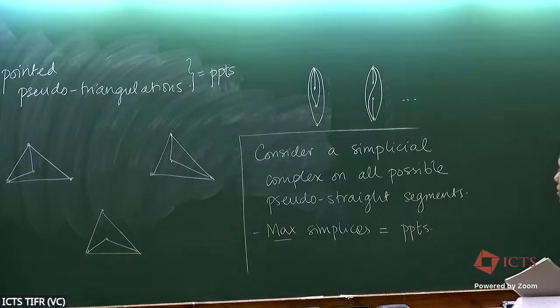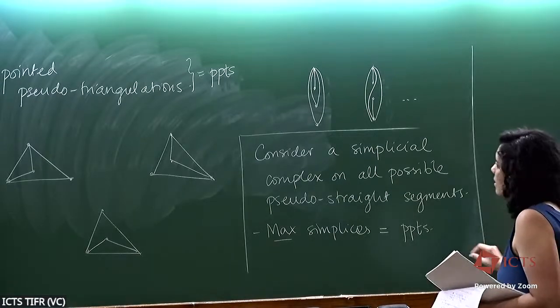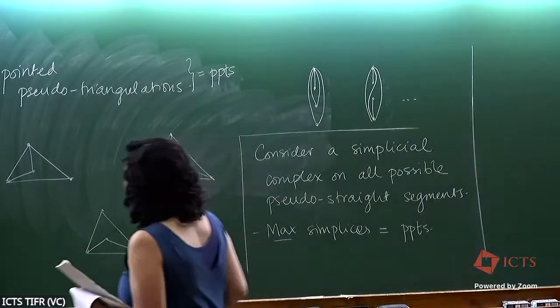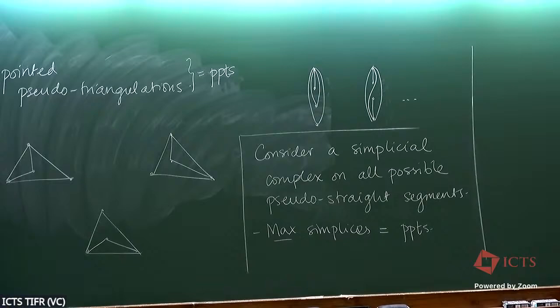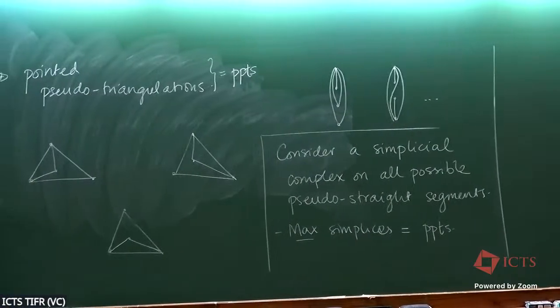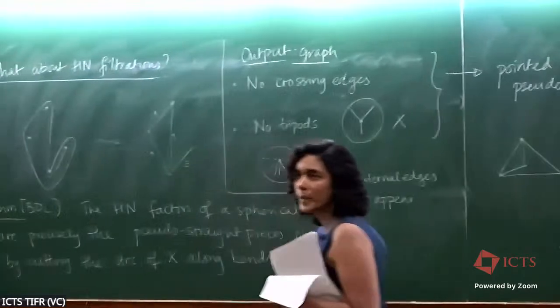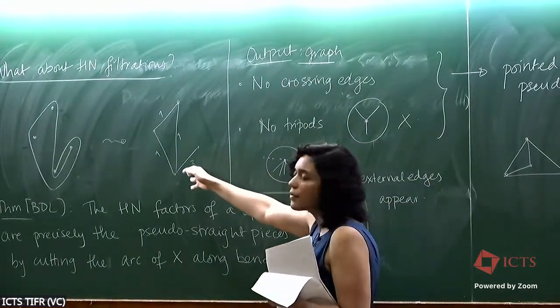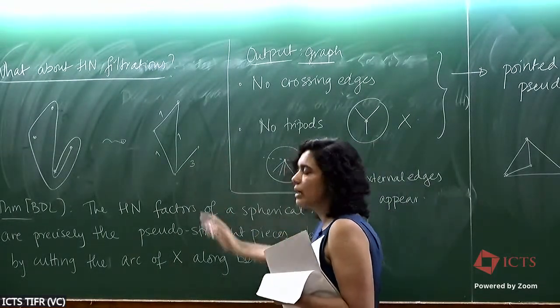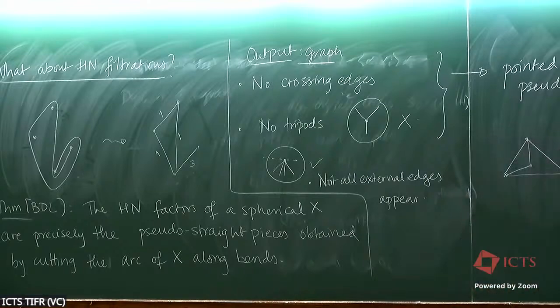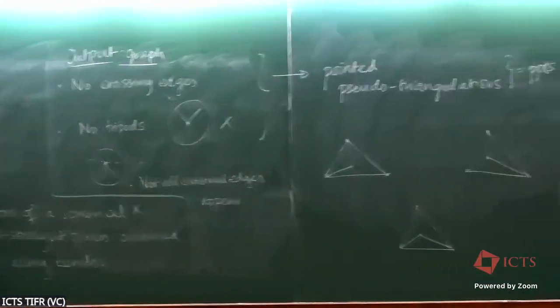Finally, if you take any spherical object, then you can write down some subset of a PPT like this with some coordinates. So it gives you a point on this simplicial complex, and spherical objects live on this simplicial complex.